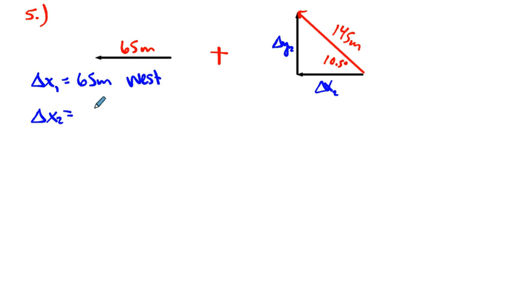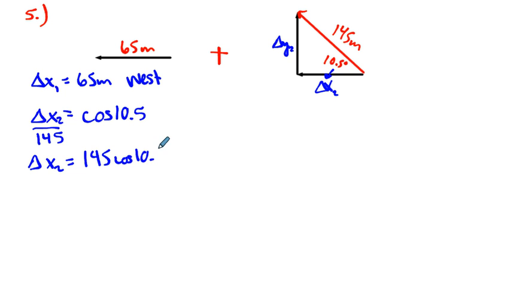For the second motion in the x direction, we've got the adjacent side to this 10.5 degree angle. The adjacent side divided by the hypotenuse, 145, gives cosine of 10.5 degrees. So x2 is 145 cosine of 10.5.